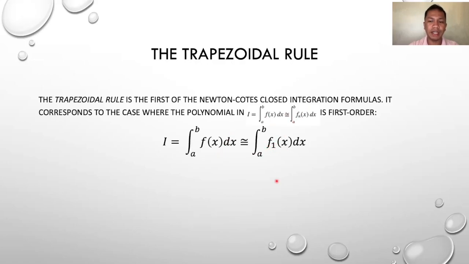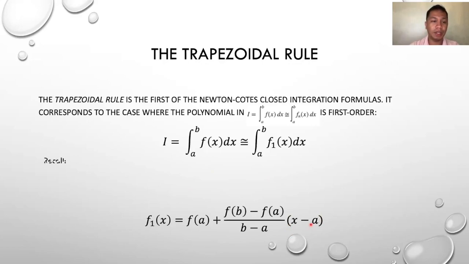Recall that a straight line can be represented as f1 of x equal to f of a plus f of b minus f of a over b minus a, quantity x minus a, which is a linear interpolation formula. From this, f1 of x is equal to f of x0 plus f of x1 minus f of x0 over x1 minus x0, quantity x minus x0.